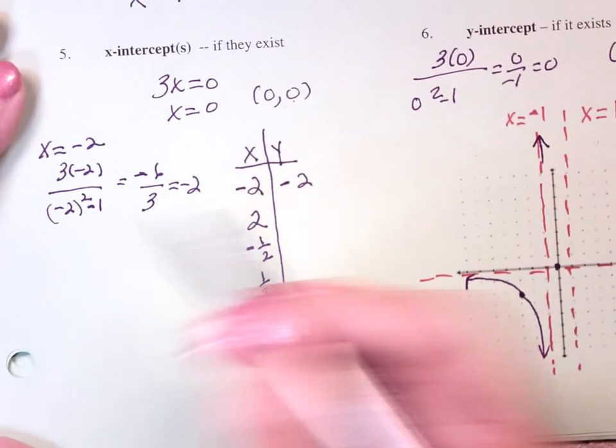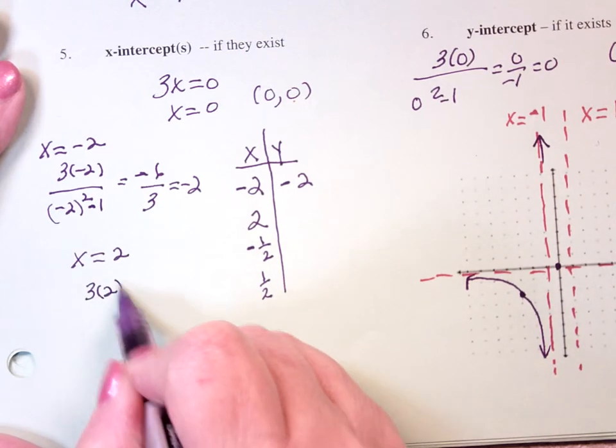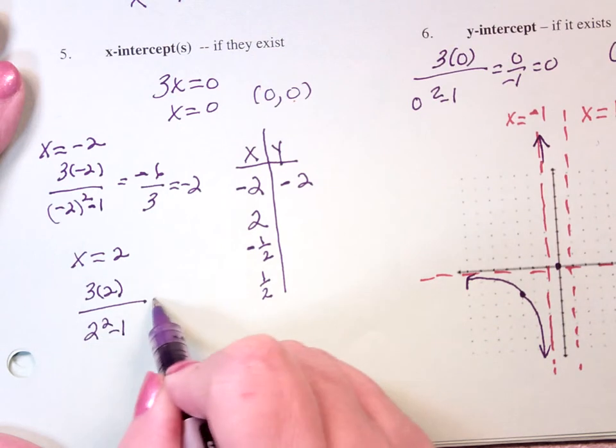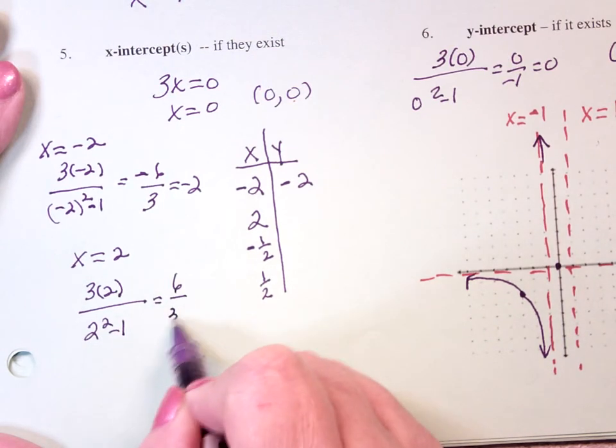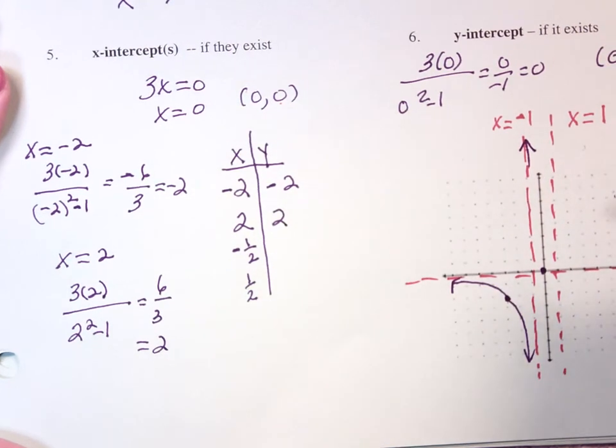If x is 2, I'll have 3 times 2 over 2 squared minus 1, which is 6 over 3, or positive 2. So 2, 2.